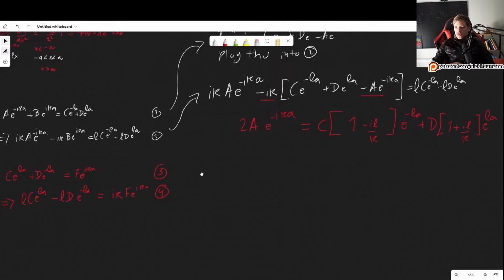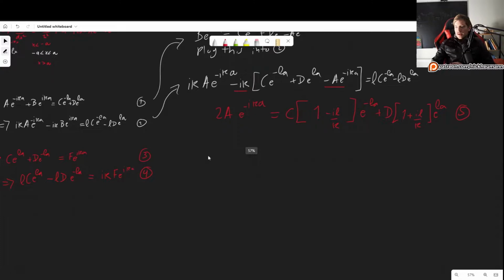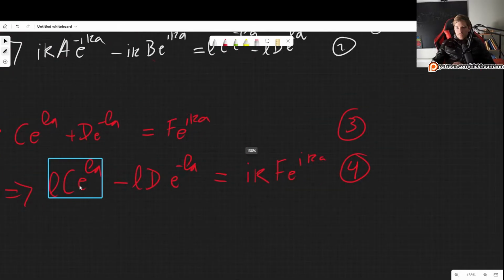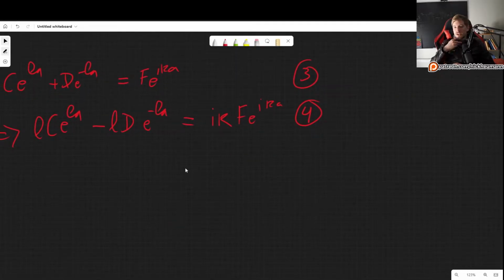So let's go back to our other equations. Let's try to think how we can get rid of C and D. We haven't really used equations 3 and 4 at all, so perhaps we could do something there. So looking at those, we have CE^(LA), CE^(LA), DE^(-LA), DE^(-LA). So it wouldn't be unthinkable to try to, from here, eliminate C and D and then plug it into the other equation.